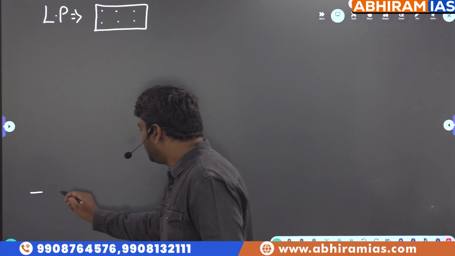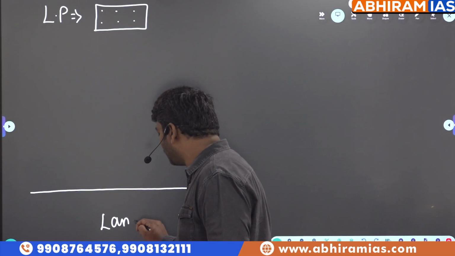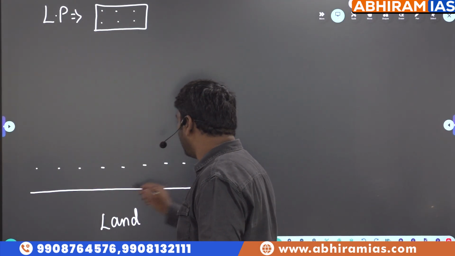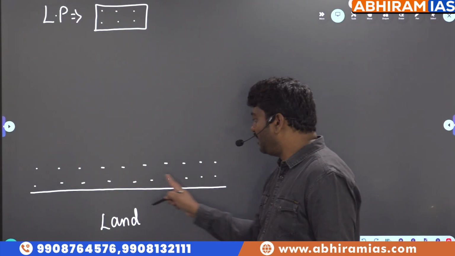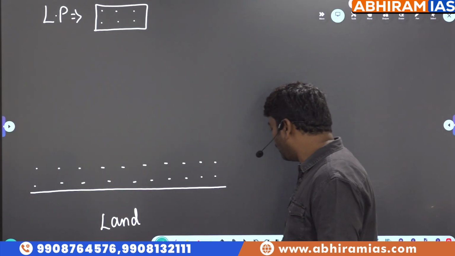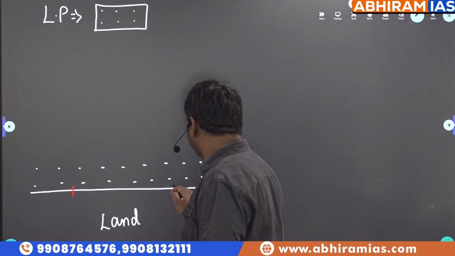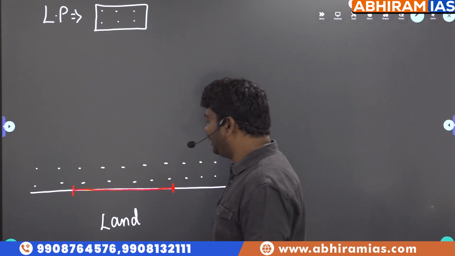Now, please see here. I have land. I am not considering the atmosphere. I am talking about land. Above the land, we have air particles. Everywhere I have some air particles. Now, this particular area got heated.